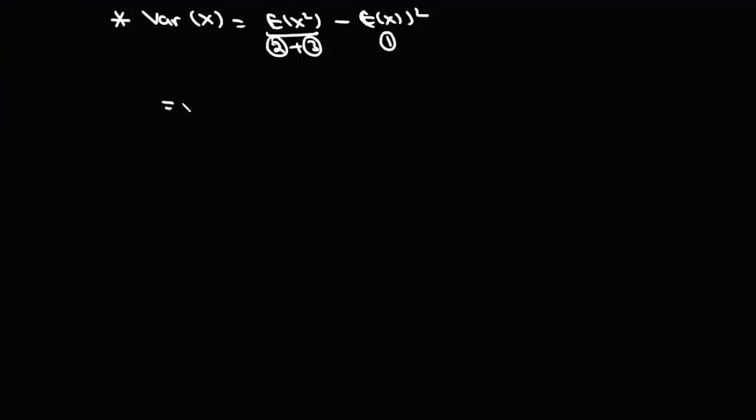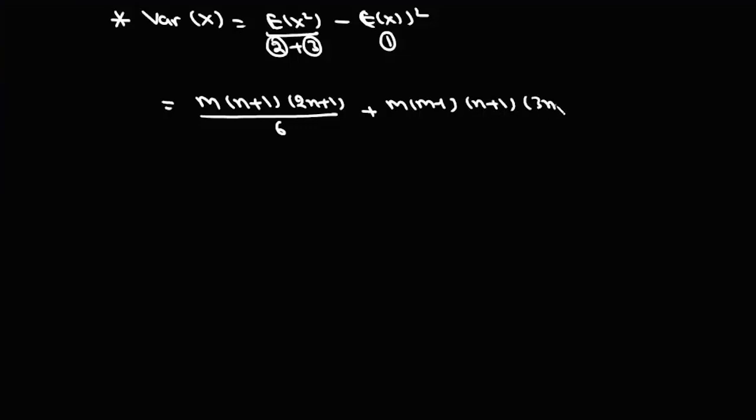So now we can write this as E[x square] is m into n plus 1 into 2n plus 1 divided by 6, plus, now for this third result we have m into m minus 1 into n plus 1 into 3n plus 2 whole divided by 12, and minus, and then E[x] is m into n plus 1 by 2 whole square.